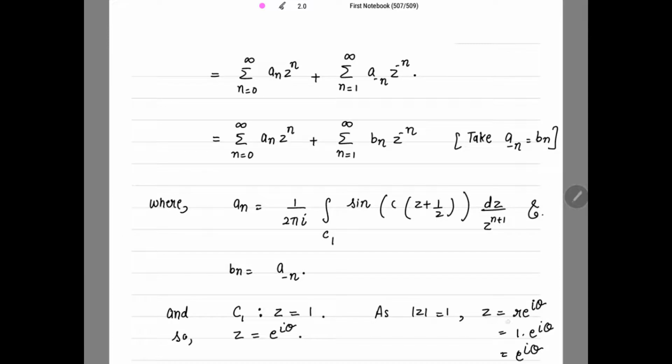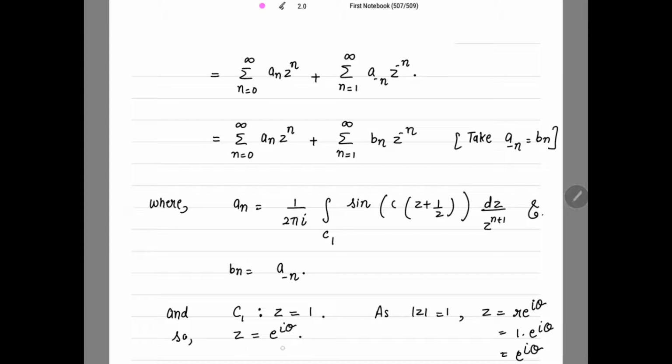So in polar form, z is r e to the power i theta. Because I have taken r equal to 1, z is e to the power i theta.